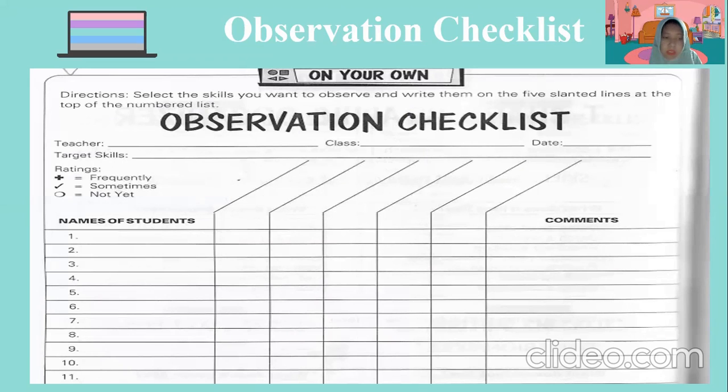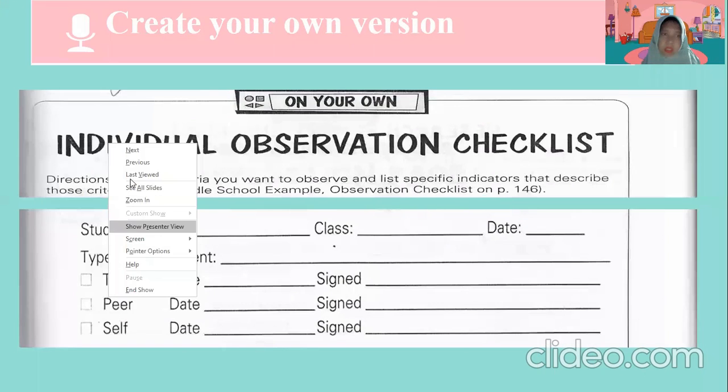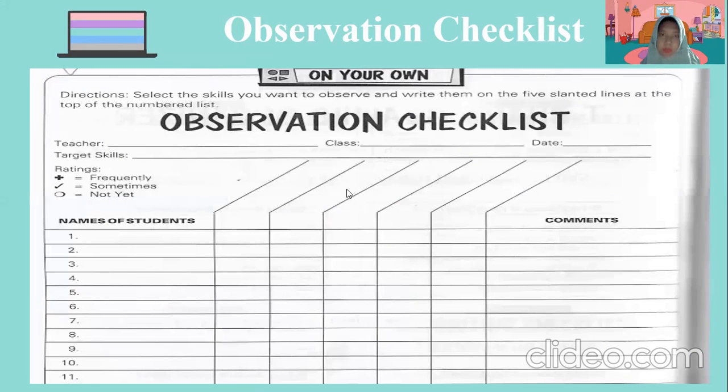And as direction, before you make an observation checklist, don't forget to put the target skill that you want to observe and the 5 skills on the 5 slate lines in here: 1, 2, 3, 4, 5. So you can put the skill in here.